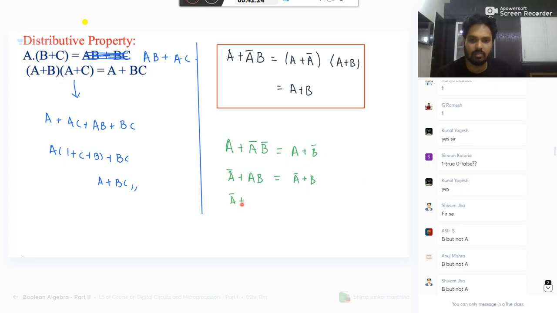What is A bar plus AB bar? A bar plus A into A bar plus B bar. A bar plus A is 1. My dear friends, please remember, this is 1. 1 into anything is anything. Done. So similarly, what is the answer?